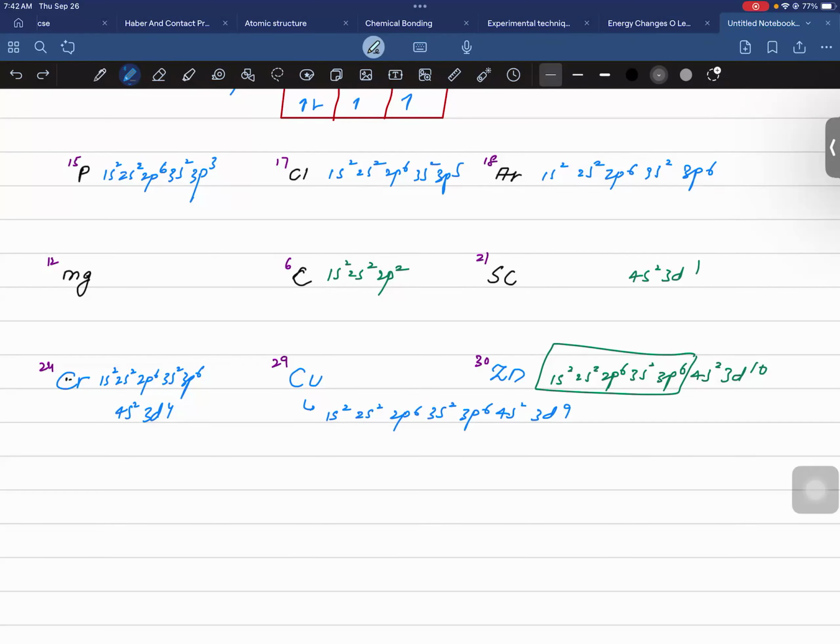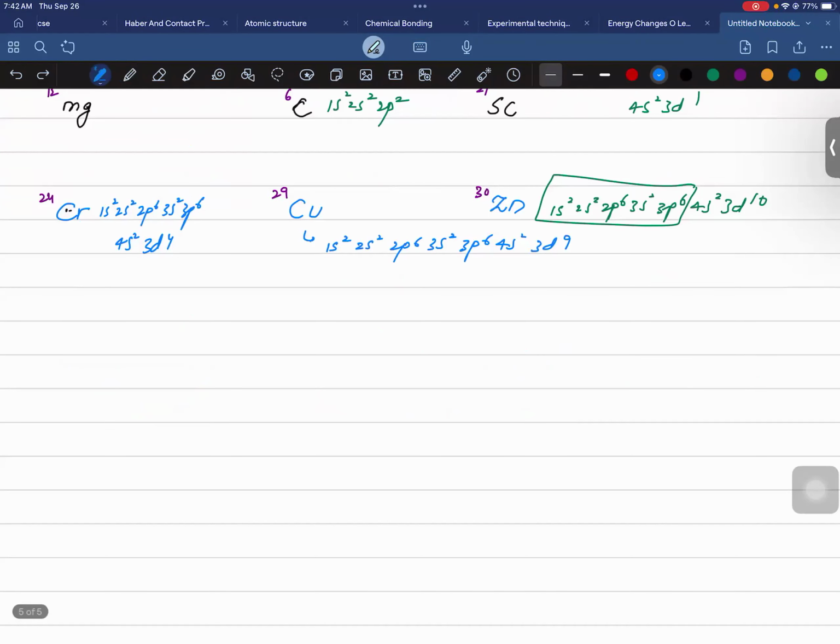Okay. Those orbitals which are half filled are more stable. Okay. So, stability criteria. We have different conditions for the stability.